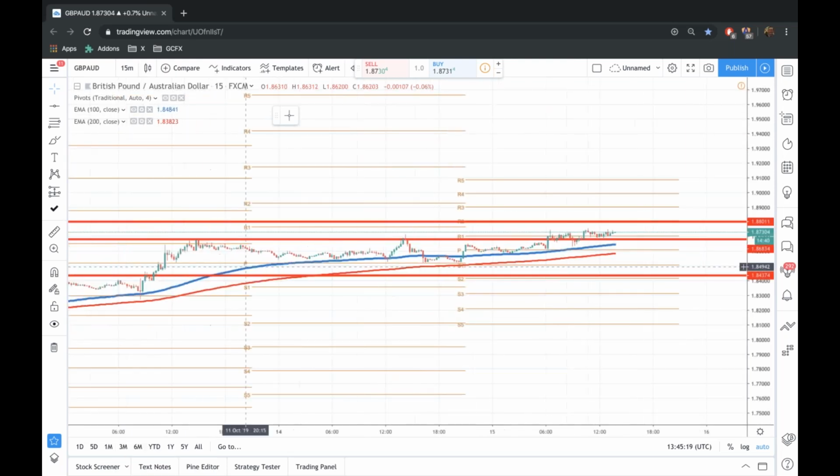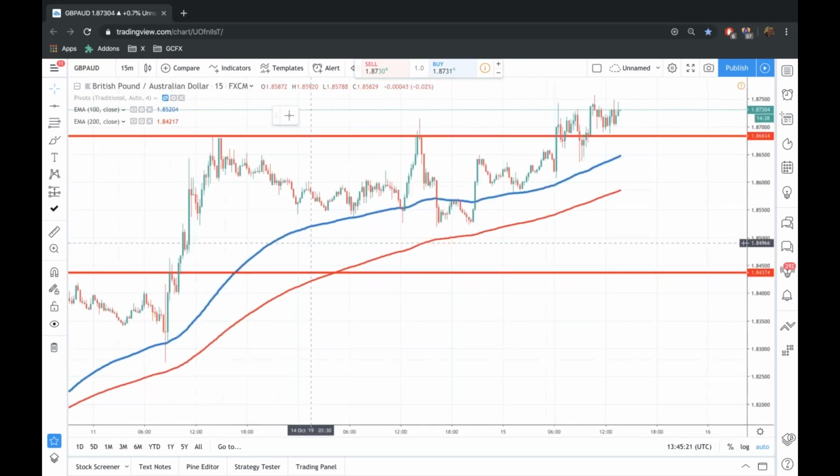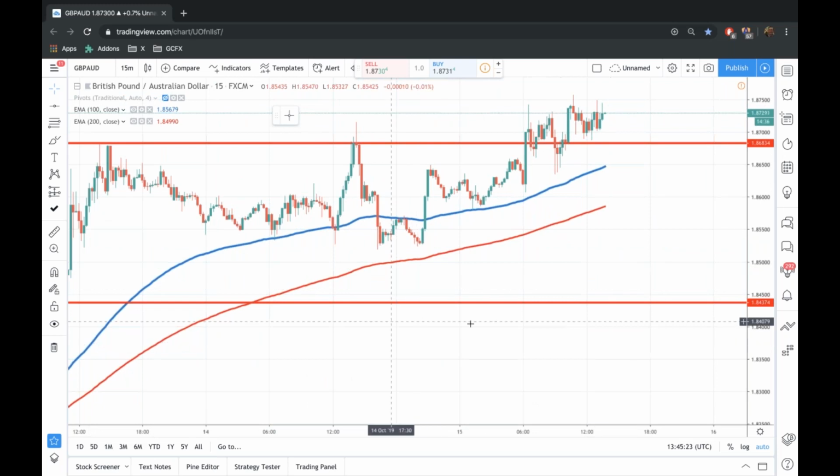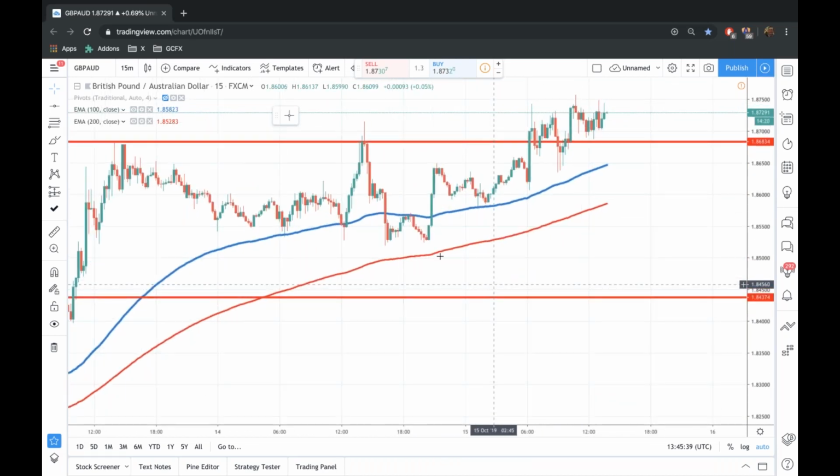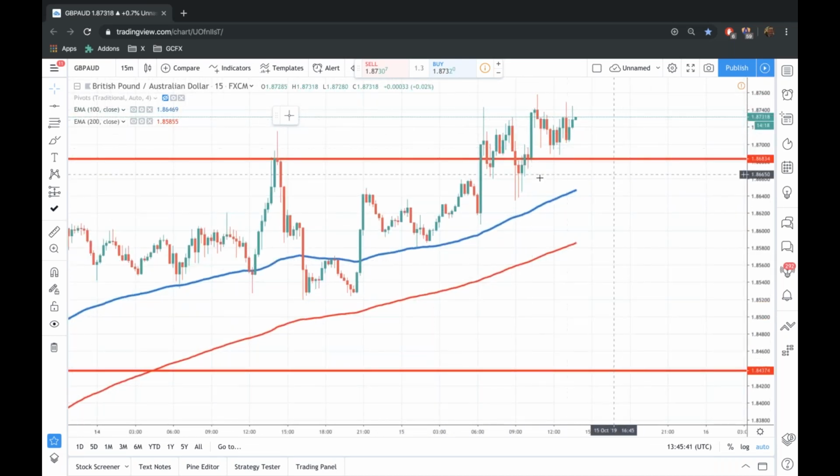You can see a stop underneath this level would be nice and out of the way. Potentially, you could have a tighter stop just underneath that level there, 1.8500. But obviously the safest place would be this region here.